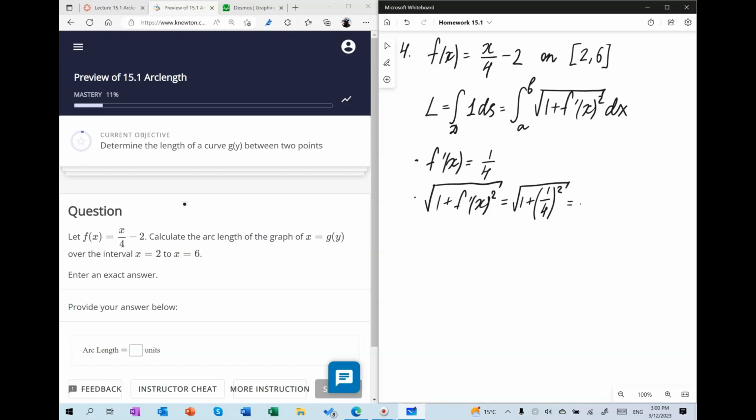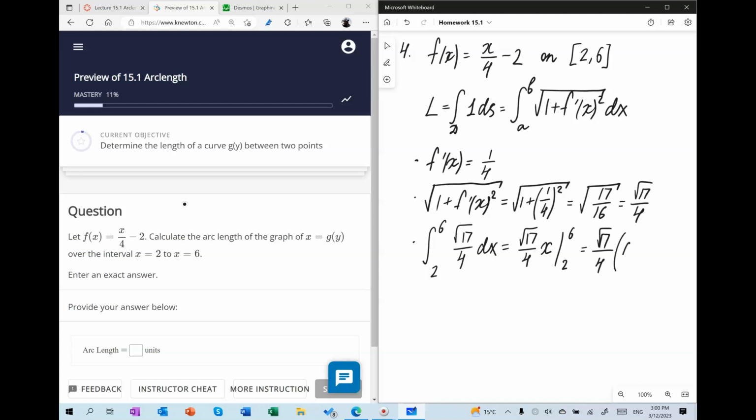So it's going to be square root of 17 over 16. So it's square root of 17 over 4. And then the integral will be from 2 to 6 of square root of 17 over 4 dx, which is very simple. And you can see how 4's cancel, and all we have is square root of 17.